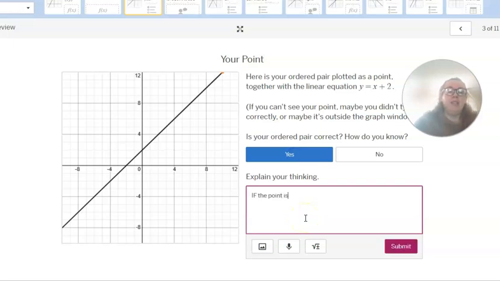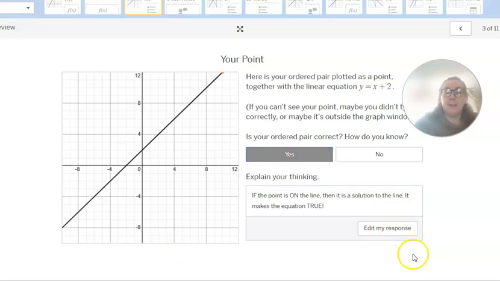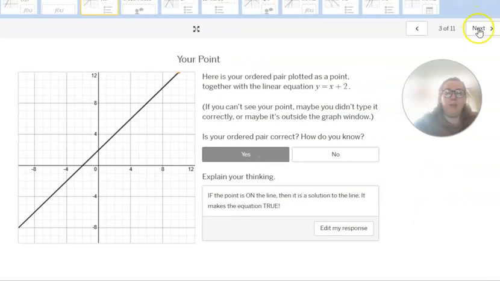If the point is on the line, then it is a solution to the line. It makes the equation true, and we love that. That means we have a solution. Anything here using your own words to explain that, and then hit submit. And then push to slide 4.